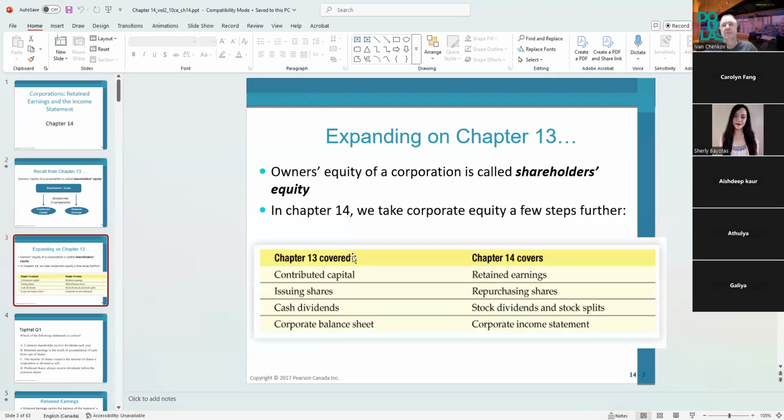Again, in chapter 13, we covered the contributed capital, issuing the shares, cash dividend, and we took a look at the corporate balance sheet. Today we're going to see the retained earnings, how we're repurchasing the shares, what is stock dividend and stock split, and the corporate income statement. Those are our objectives today.